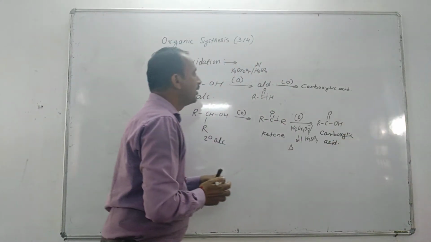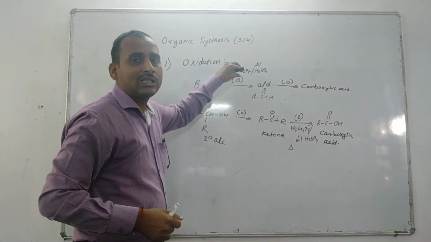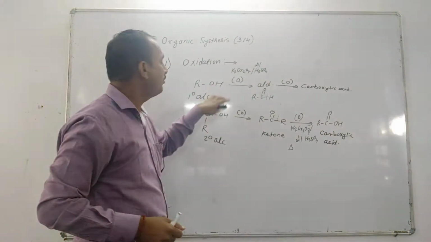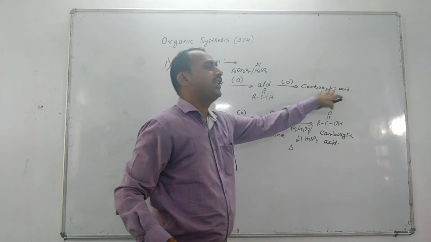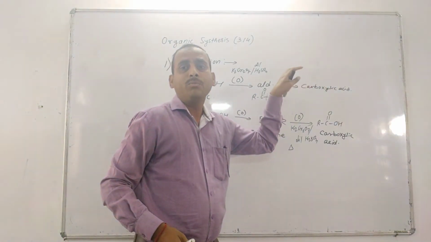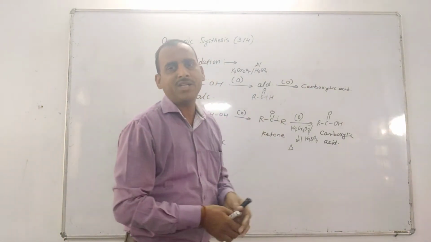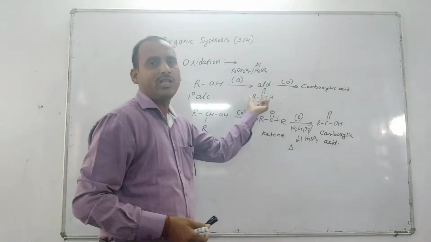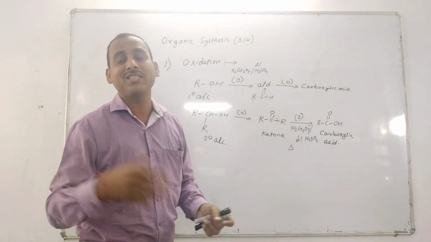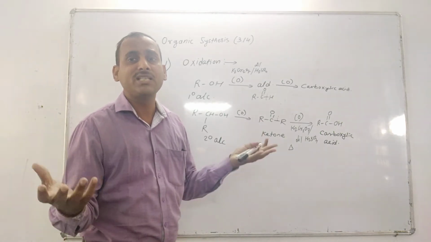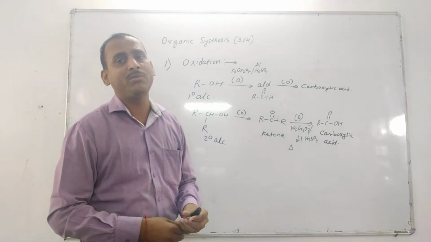Now if we use a strong oxidizing agent for the primary alcohol, it oxidizes to aldehyde and further oxidizes to carboxylic acid. But if we have to stop this reaction at aldehyde, then we have to use a mild oxidizing agent such as PCC, PDC, pyridinium chlorochromate and pyridinium dichromate.